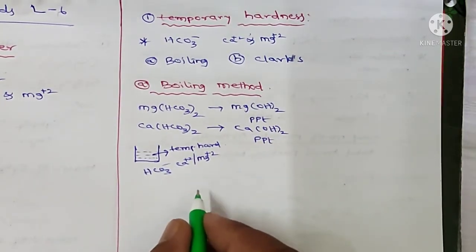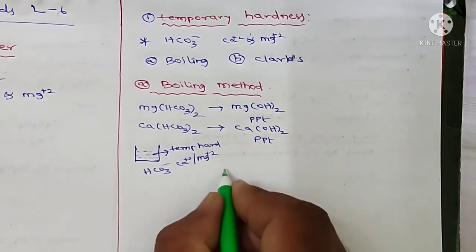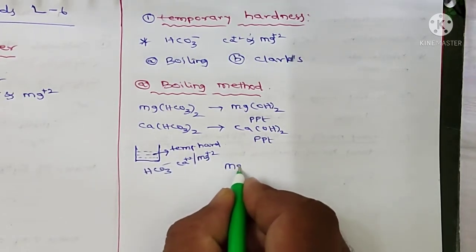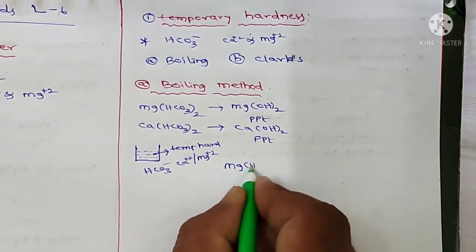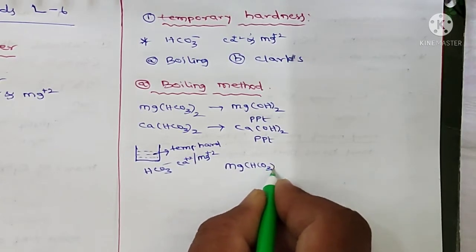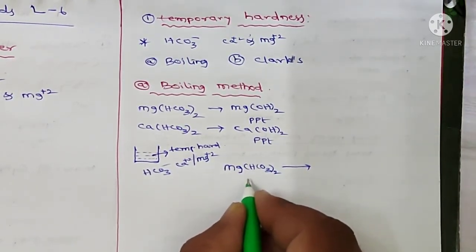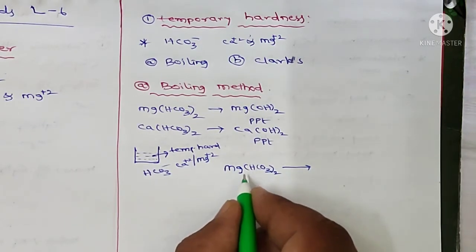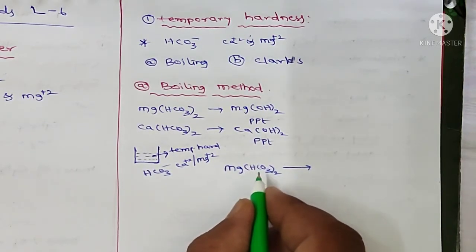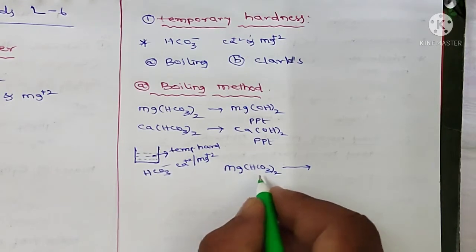On boiling, what is happening here? Mg(HCO3)2, so it is a temporary hard water. In that water we have magnesium bicarbonates.